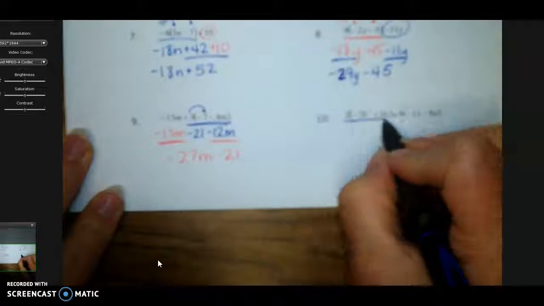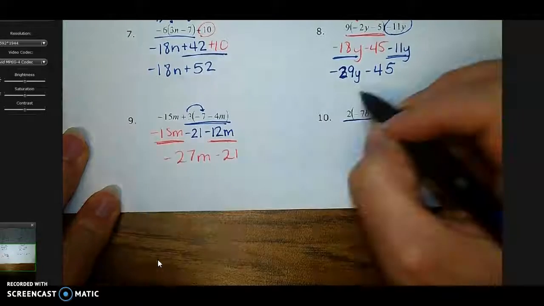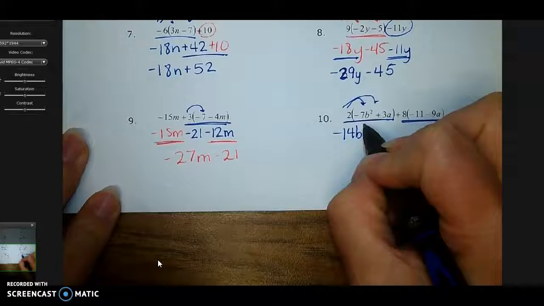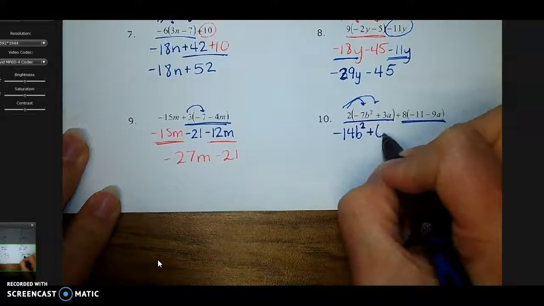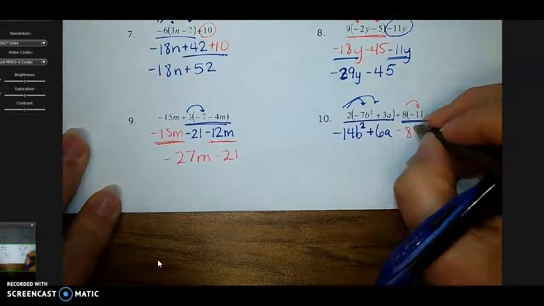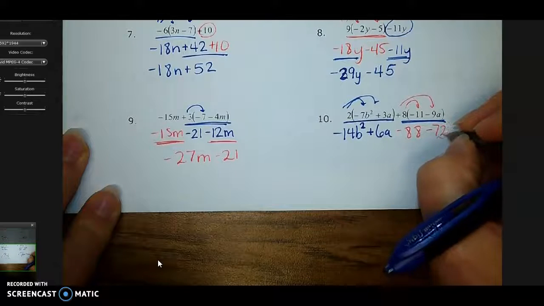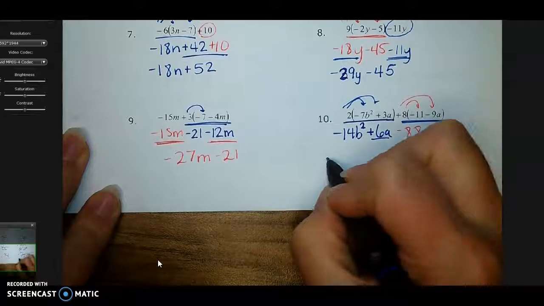My last one, I have two different distributive properties going on. So I'm going to take care of this one, and then I'm going to take care of this one, and then I'm going to combine like terms.